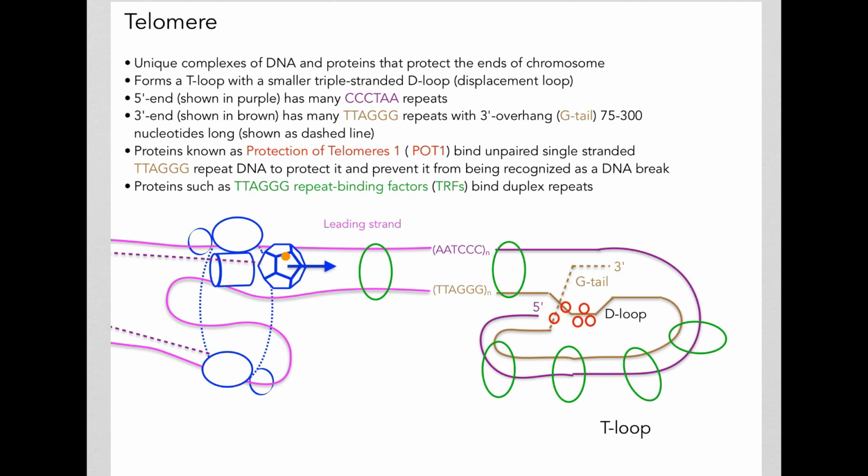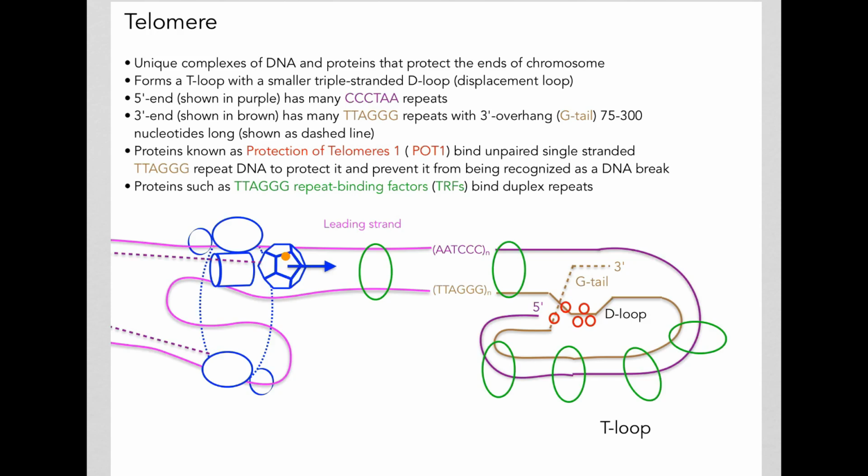Now there are several proteins that are found on the telomere. For example, there are proteins called protection of telomeres 1, or POT1, shown in red here. These proteins will bind these unpaired single-stranded TTA-GGG repeats, and this binding will protect this part from being recognized as a DNA break.